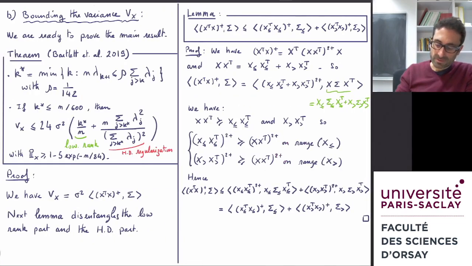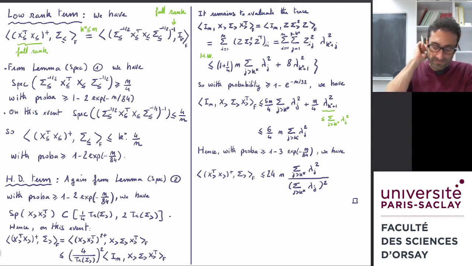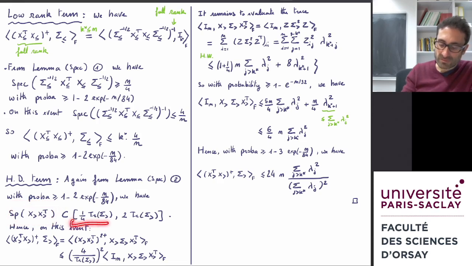So let us use this upper bound. What we have just discussed is this inequality: the spectrum is between 1/4 of the trace and twice the trace. So what we can do is lower bound this matrix by this times the identity.